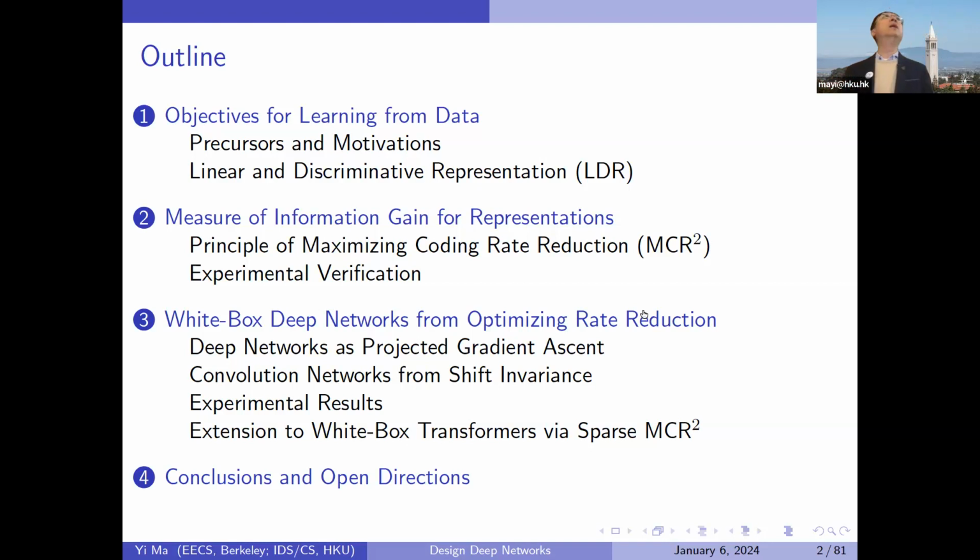Finally, you realize that once you clarify the objective of learning, once you put a precise definition on what you desire in learning and what the desired properties of the representation are, you start to realize maybe all the deep networks you have seen so far are just different means to the same end. Different variations trying to achieve the same goal. Hopefully we'll get to that, including residual networks, mixture of experts, and transformers.